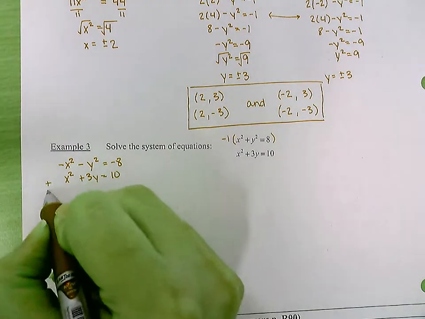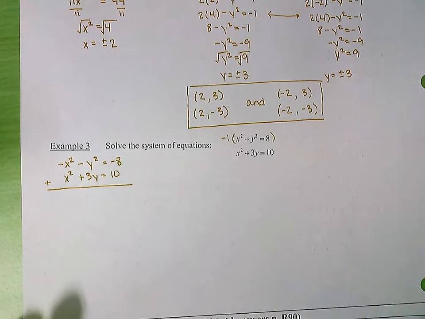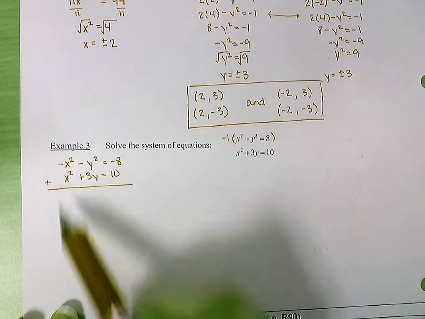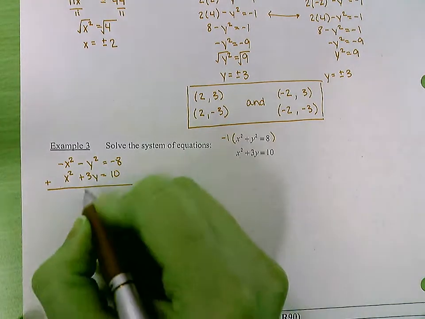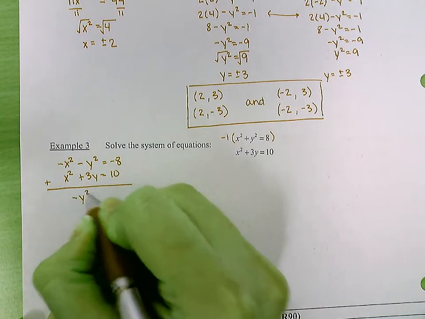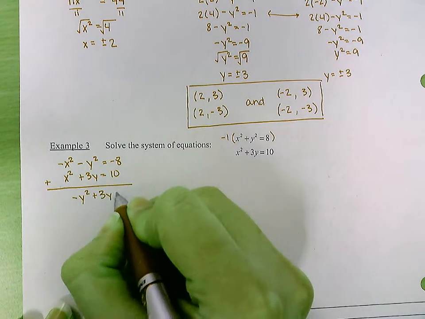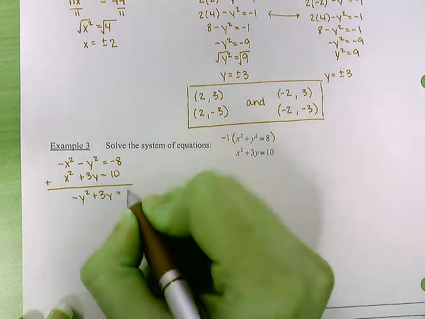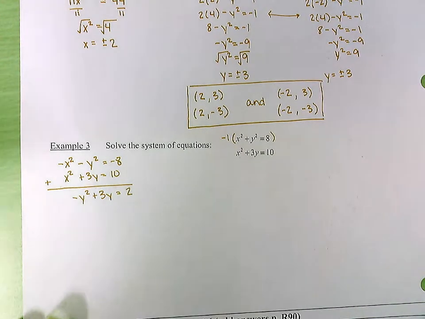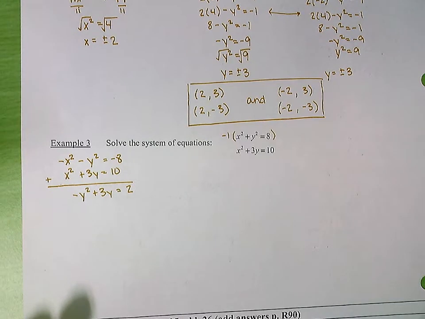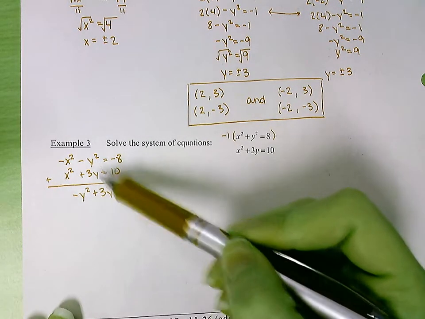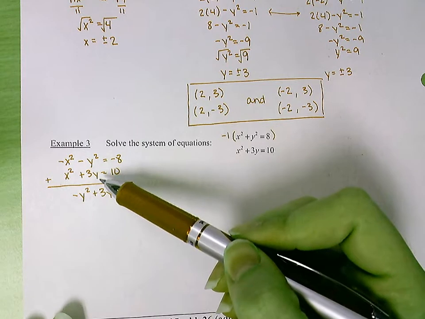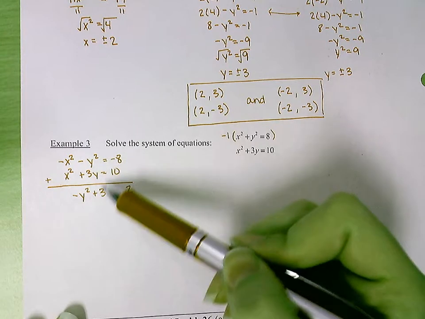And again, we're just adding the 2 equations together. Here, my x squareds cancel. So I have -y squared plus 3y is equal to 2. I can't combine these two, they're not like terms, so I just added them there.